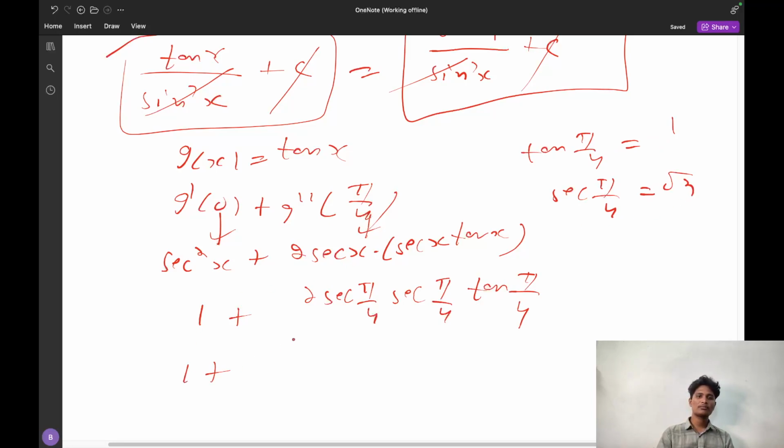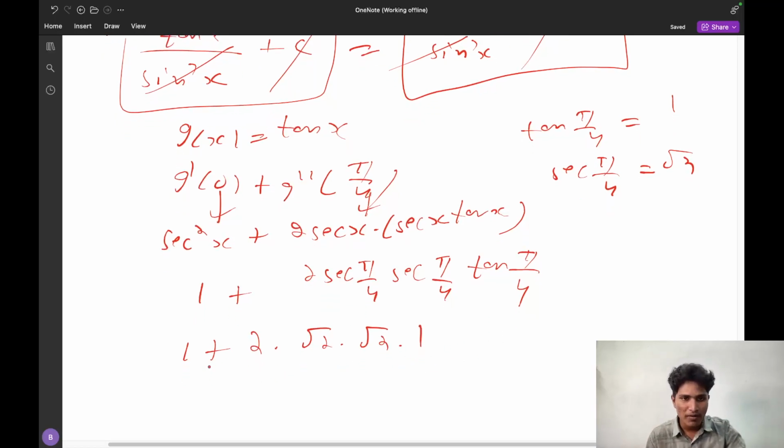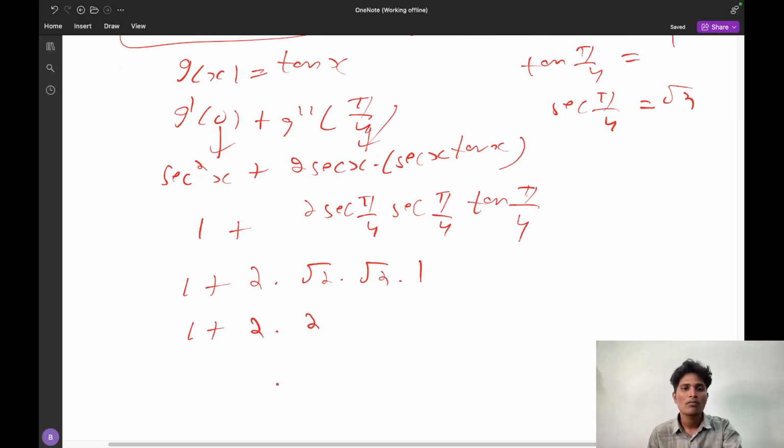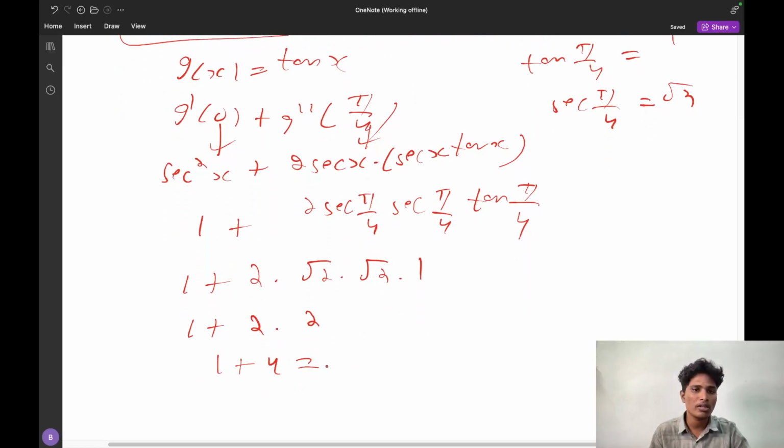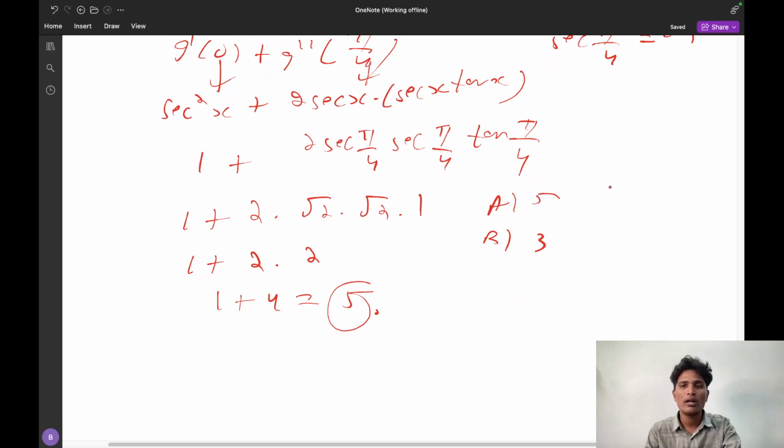So 1 plus 2 into root 2 into root 2, which is 2 into 2 is 4, that is 5. So the answer is 5. The options are: A is 5, option B is 3, option C is 2, option D is 1. So the answer is A, 5.